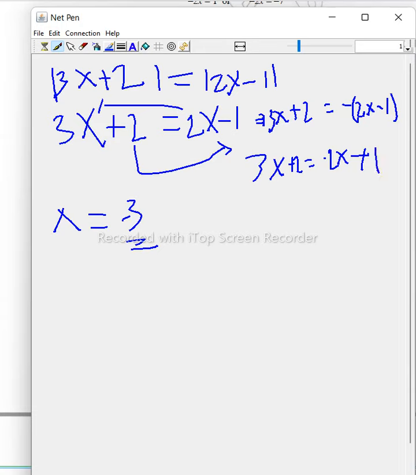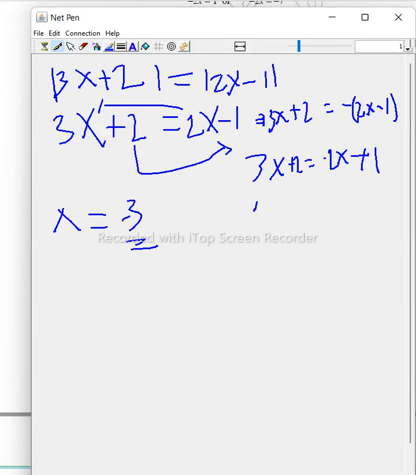So here we bring together the same terms. When we bring the negative term here, it becomes plus.